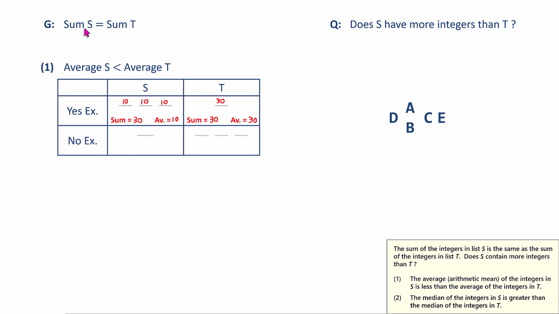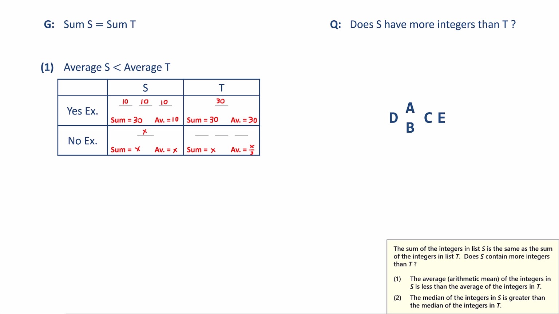As always, the sum of S has to equal the sum of T, so let's say that in each case, the sum equals X. For list S, this implies that the solitary number is X, and that the average is also X. For list T, things are a little bit less clear, but we do know that with a sum of X and with 3 terms, the average is going to have to be X over 3.